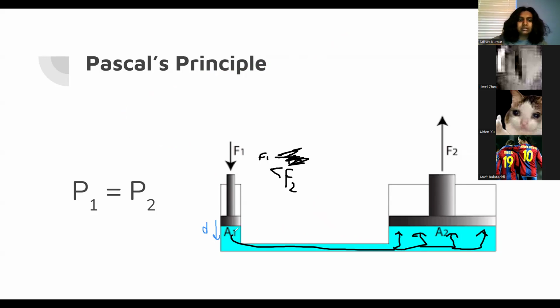I have to push it down some distance d. And so the caveat with Pascal's principle is that I'm applying some force for some distance d, and so I'm doing some work W at this end, right?